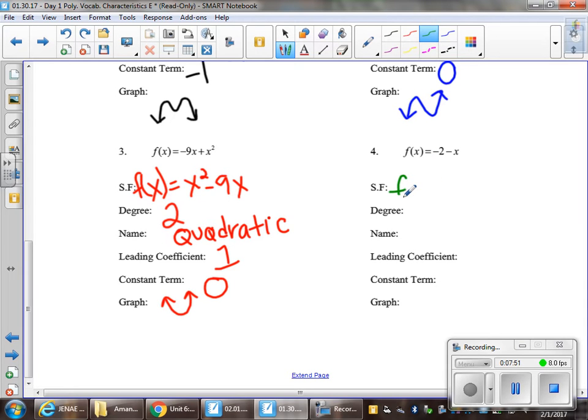So for graph, does it depend on the name? Yeah, and the name depends on the degree. So whatever your highest degree is going to represent what the graph will look like. F of x equals, good. What's our degree here?